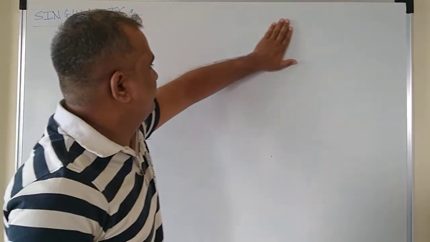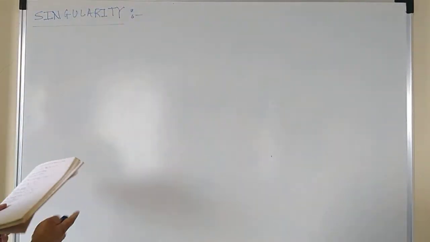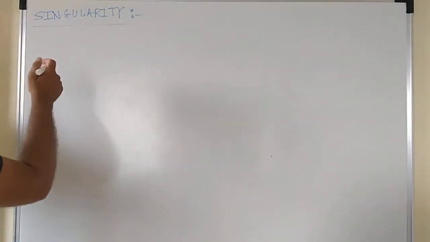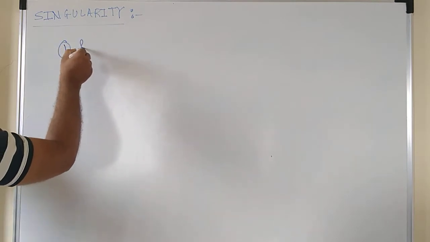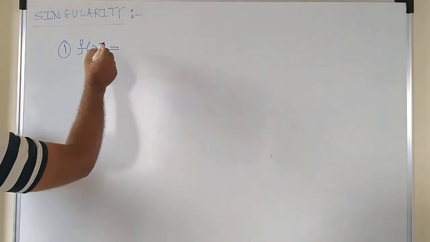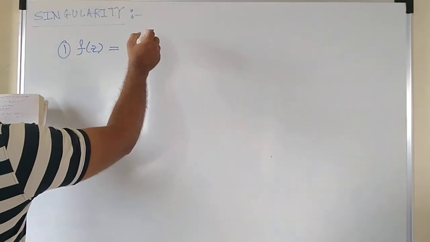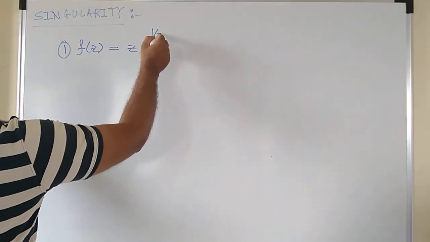So homework problems. First one, f(z) is equal to z e raised to 1 by z square.